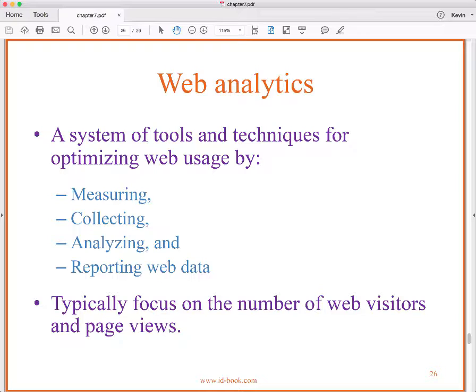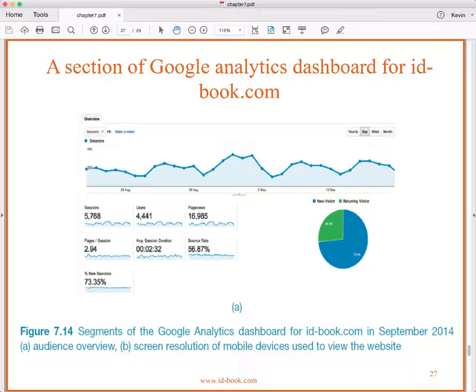People who bought this also bought that. Well, how do you do that? Well, you have to analyze a lot of clicks. Here's the Google Analytics dashboard for idbook.com. Kind of interesting stuff.